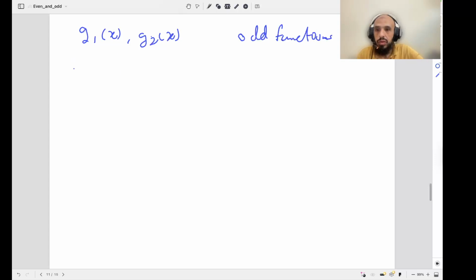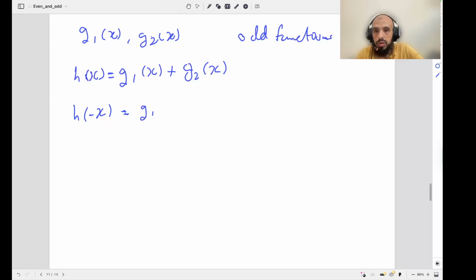If we have h of x equals g1 of x plus g2 of x, what's h of negative x? It's going to be equal to g1 of negative x plus g2 of negative x.